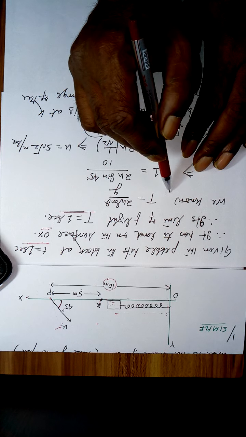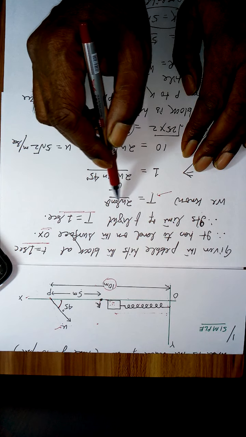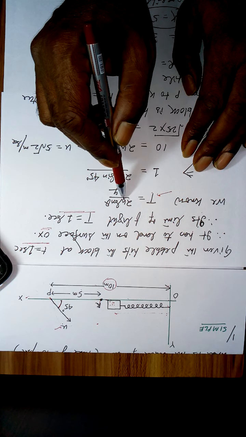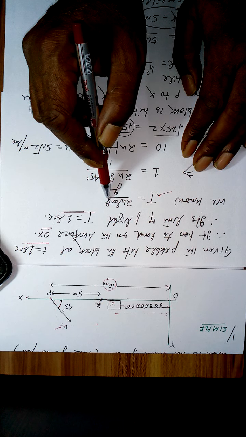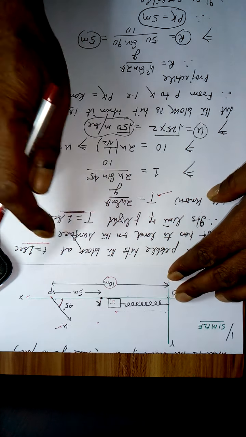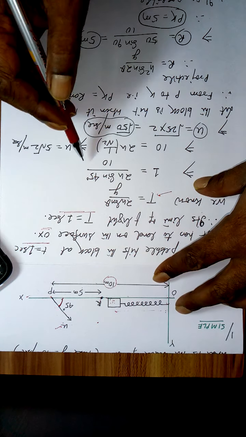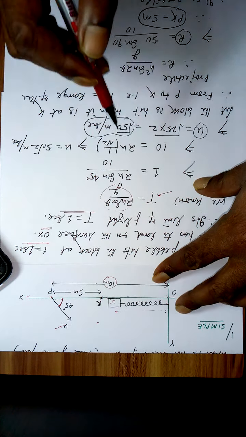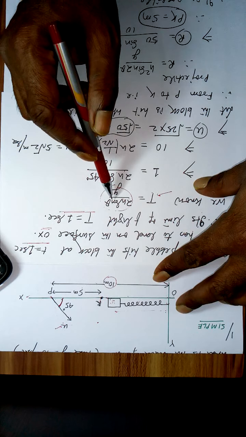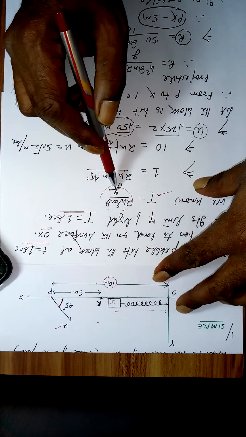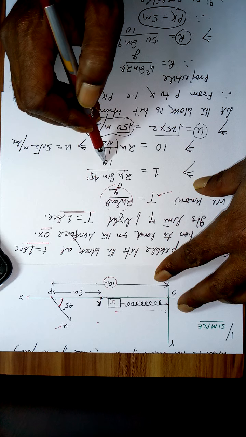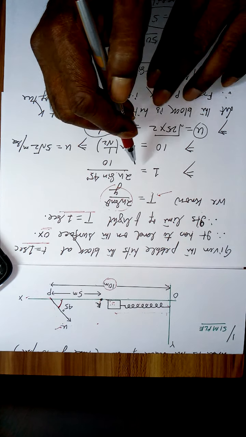And we know the expression for time of flight in a projectile is 2u sin theta over g, where u is the velocity of projection, theta is the angle with the horizontal. So now put these values. 2u sin 45, it is given to take g as 10 and T is 1 second.